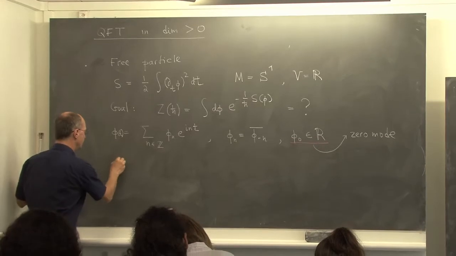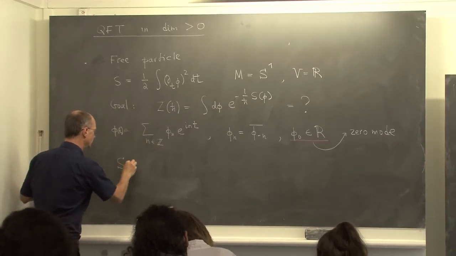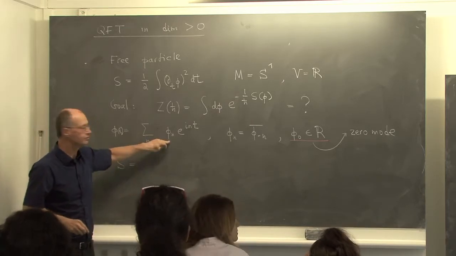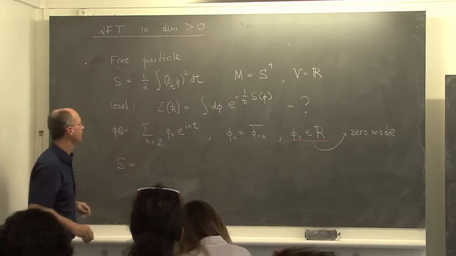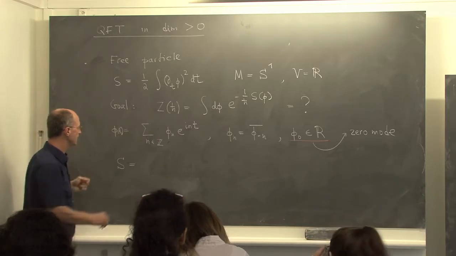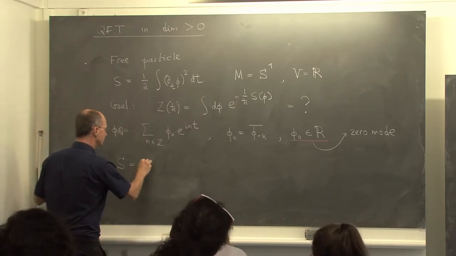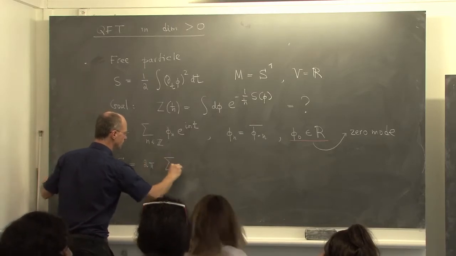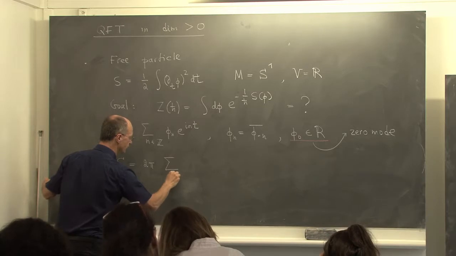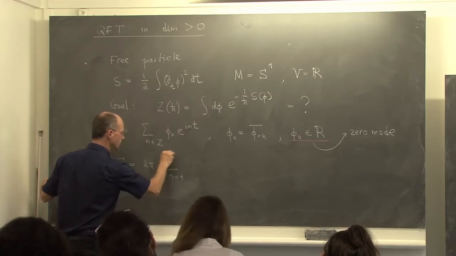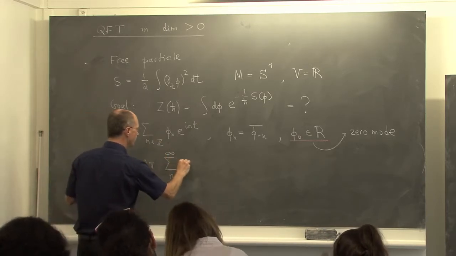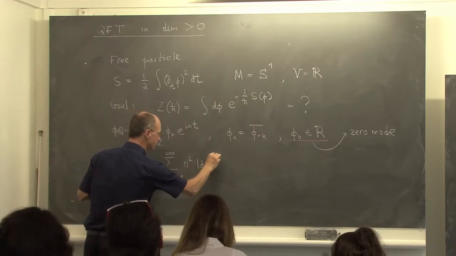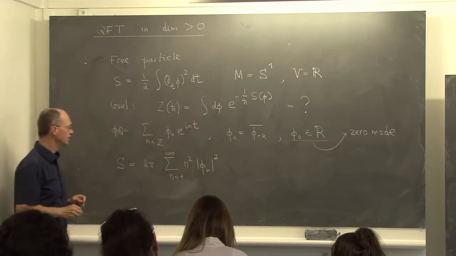Well, now we can of course rewrite S in terms of Fourier modes simply by substituting phi n inside. And what we're going to get is something like this: 2 pi, sum over n from 1 to infinity, n squared, phi n squared.